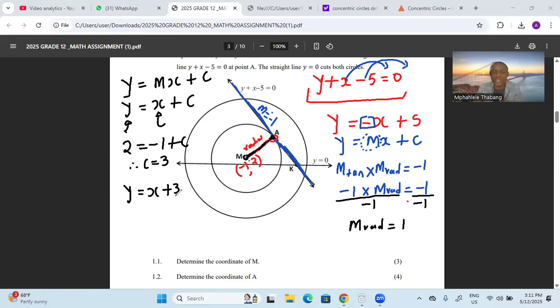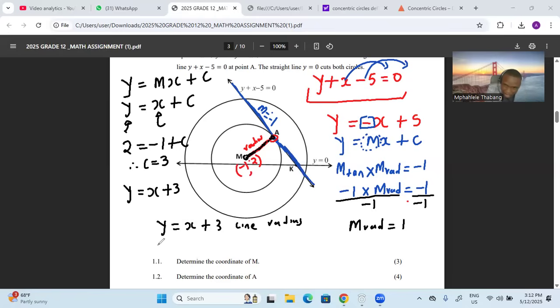Now I have the equation of these two lines. I have the equation of a line of a radius, and I have the equation of a line of tangent, which meet at a point A. So let me write these two lines close to each other. I have the line y equals x plus 3, this is a line of radius.